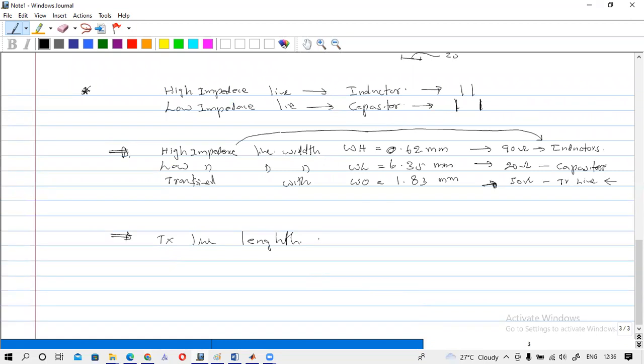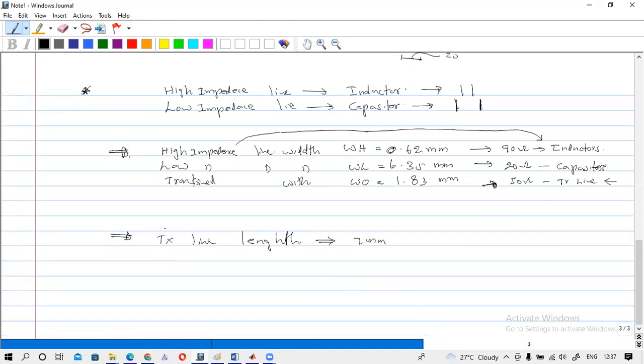So you can assume any practical value for the transmission length. Let's say it is around 7 millimeter. You have the freedom to select this. So I use around 7 millimeter length for my transmission line section. This is for the transmission line to feed the signal, not for the low pass filter.